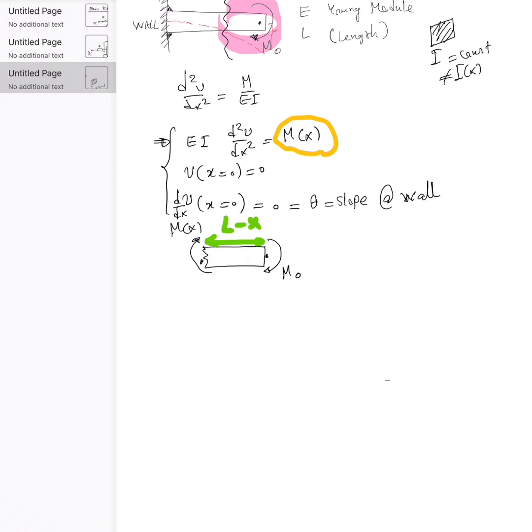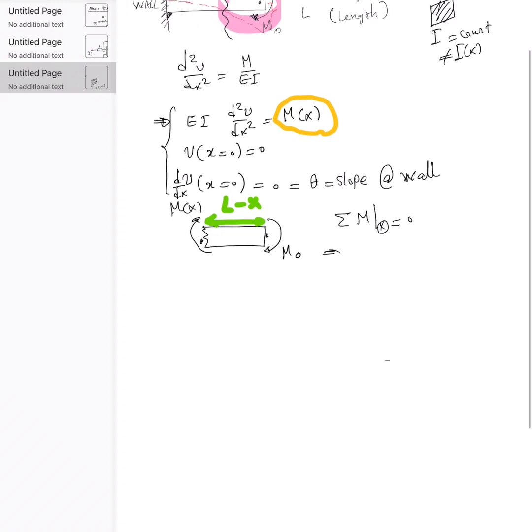Okay, so then I'm going to write the summation of moment about any point x equals 0. Any point, I pick point x. That means if I expand this equation, I get M(x) with a negative sign, negative M0 is equal to 0. That means the moment at any x is equal to negative M0.